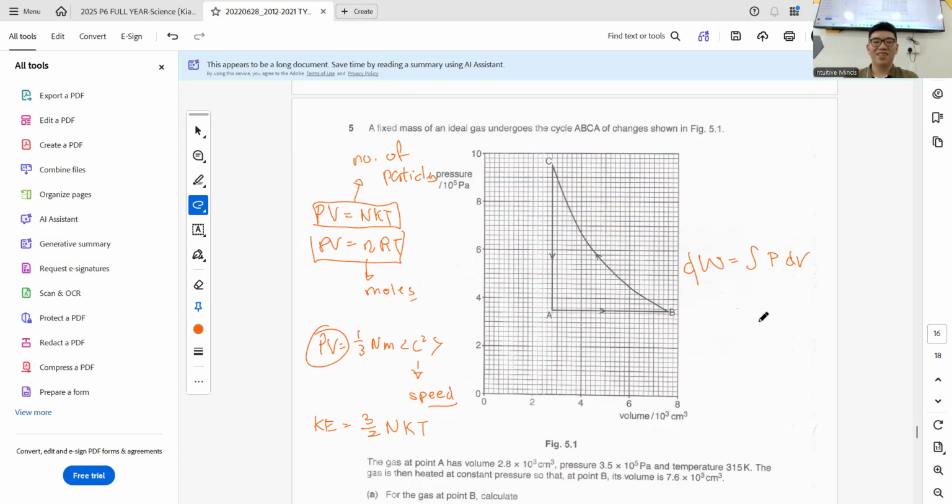Rate of work done, or change in work done. Sure. There must be a negative for this one, if you are dealing with work done on the gas. Must be a negative.